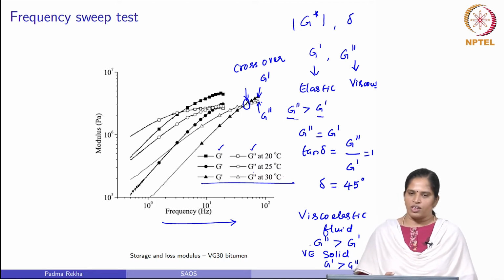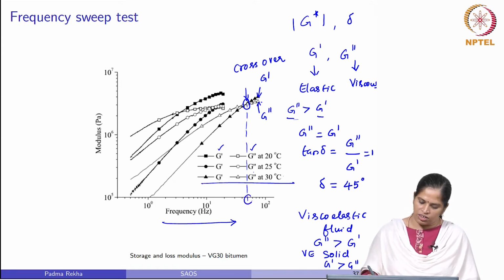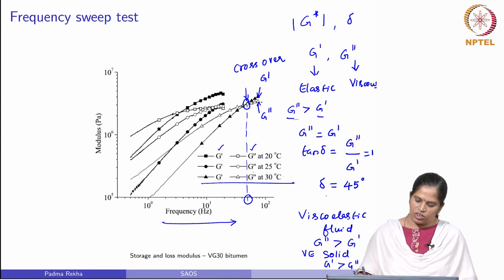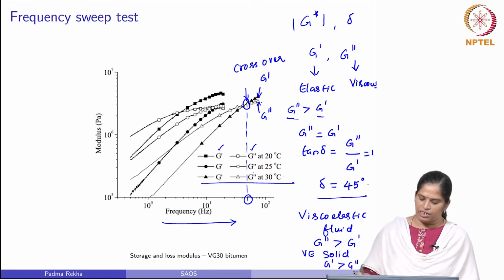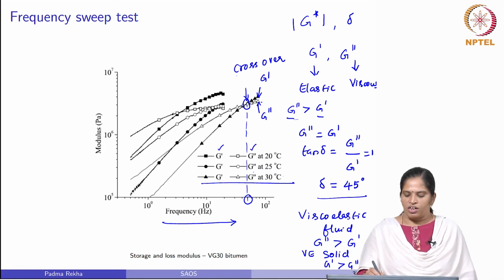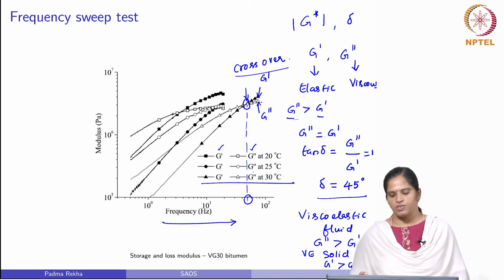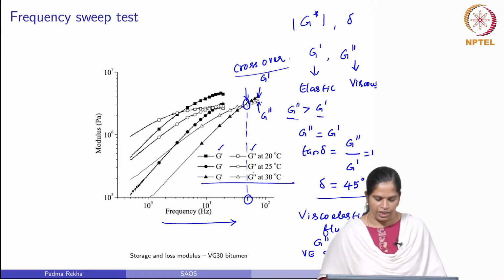So, the transition is happening, and one method to identify the transition is to identify the frequency corresponding to the point where G prime and G double prime are equal, or tan delta is 1 and delta is 45 degrees. This crossover frequency in a way tells you when the bitumen responds as a viscoelastic fluid-like or a solid-like material.